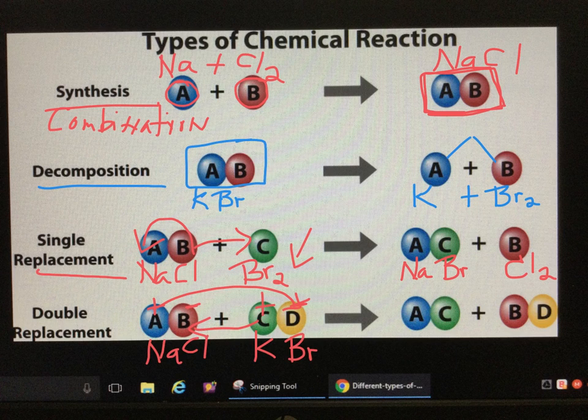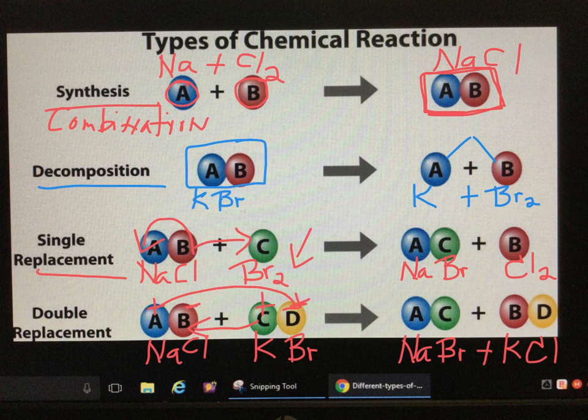So 2 couples go to a dance, they get upset with each other, they break up and switch partners. So now sodium is going to be with bromine, and potassium, let's move this over here, is going to be with chlorine. You see how they switched partners? That is a double replacement. Okay, very good.